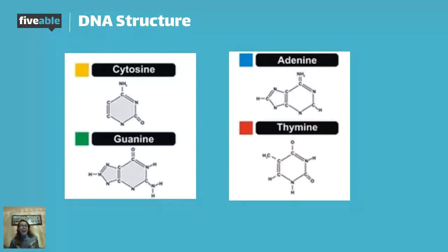Okay, so I like to remember this by remembering that ag, like A and G, as in agriculture, ag is pure, right? Purine, right? So if you think about agriculture, planting and farming, those are very pure things. So I think that ag is pure, and then I remember that cytosine and thymine, therefore, must be the other thing, okay?